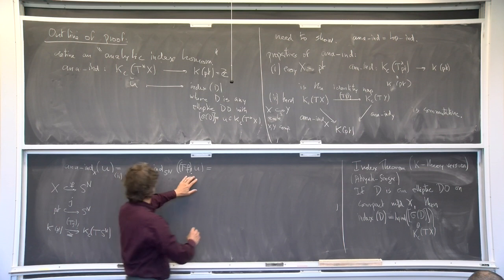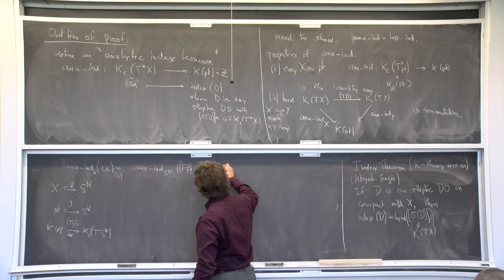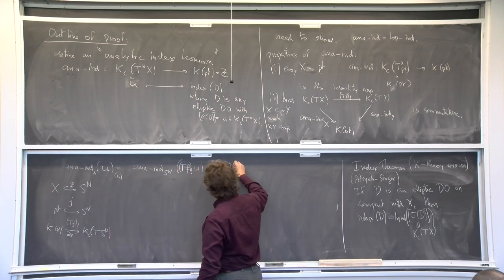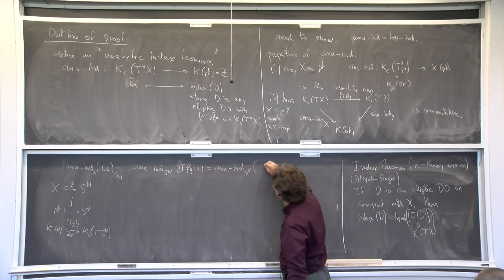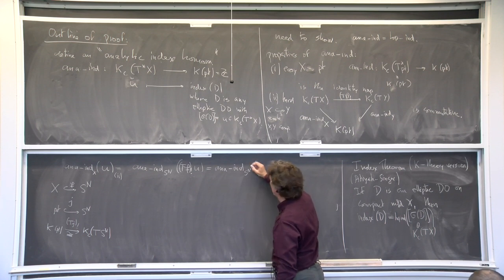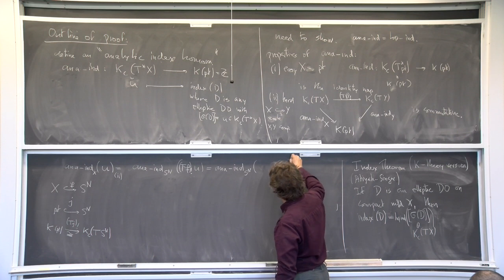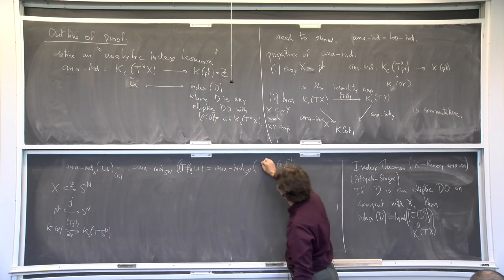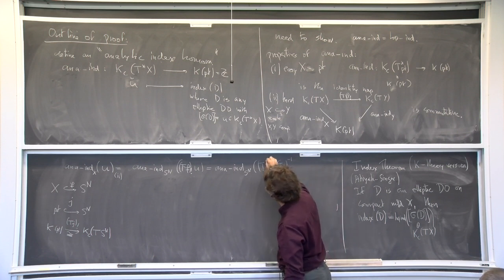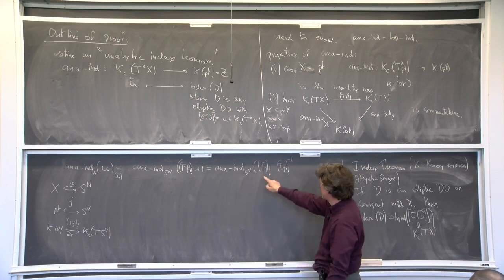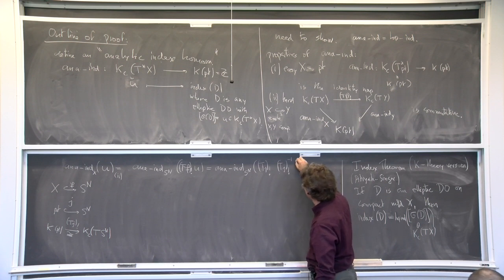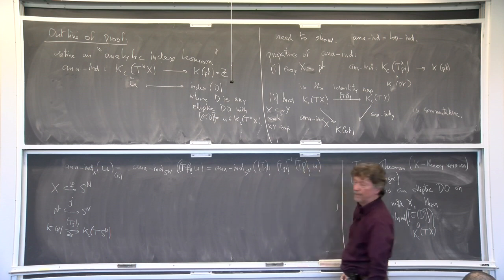So I can rewrite this one here in a totally artificial way: I apply Tj shriek inverse to this element, and then I apply Tj shriek again. That's the identity, so that doesn't do anything. So this is obviously the same as this one here.